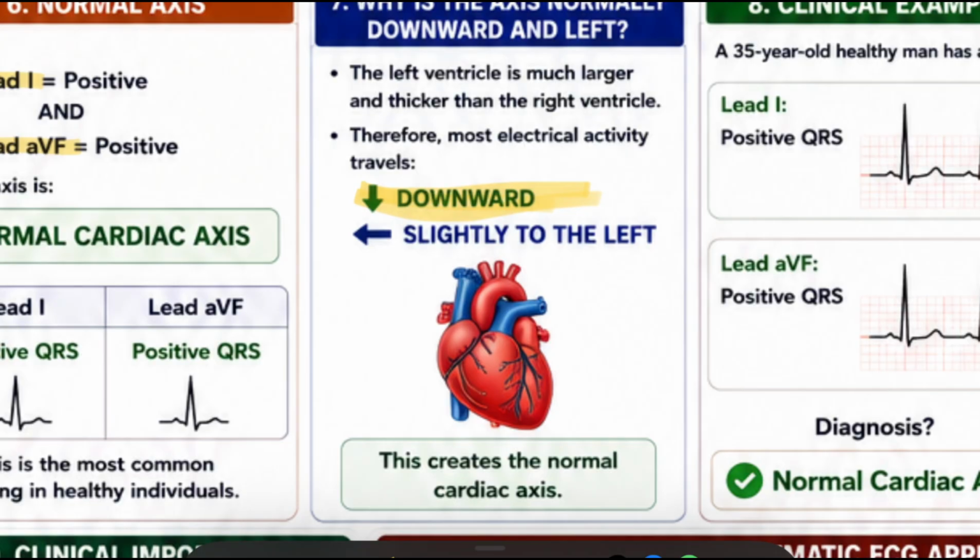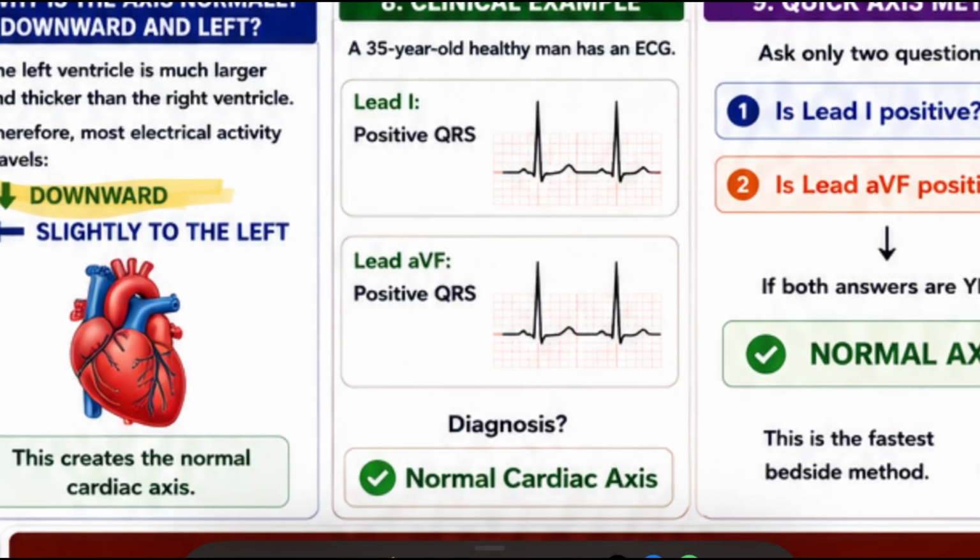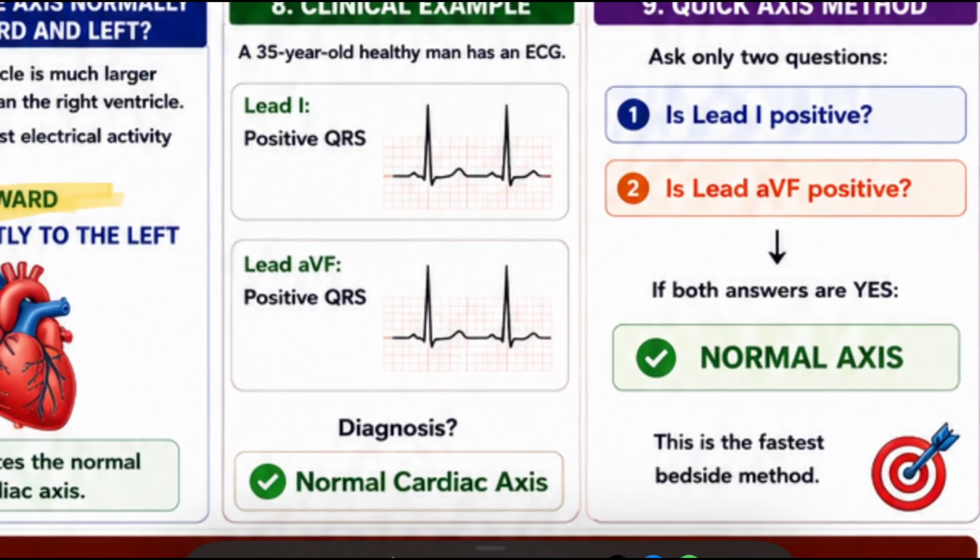So this creates the normal cardiac axis. For example, a 35 years old healthy man has an ECG. Lead 1 shows positive QRS. Lead AVF shows positive QRS. Okay, so the diagnosis will be normal cardiac axis.